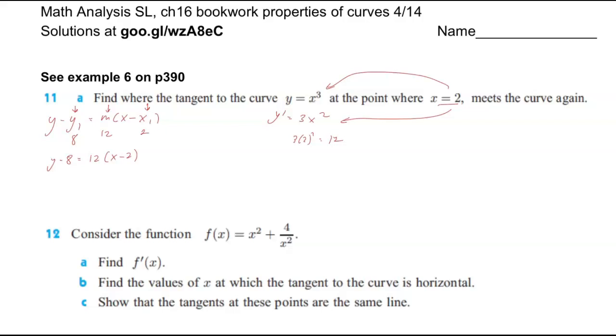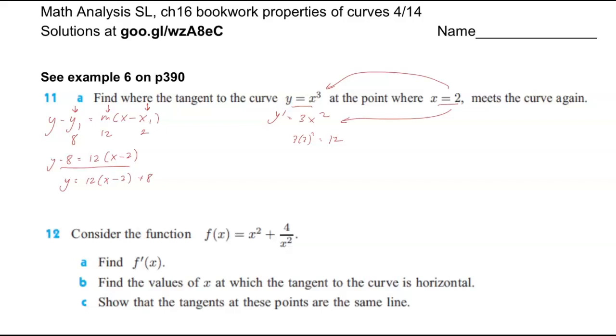Now we just need to figure out when does this line and the original function intersect. In order to do that, we need to change the point slope form into a form with y equals by itself on the left side. So let's do that. All we need to do is add 8 to both sides, and it's already ready.